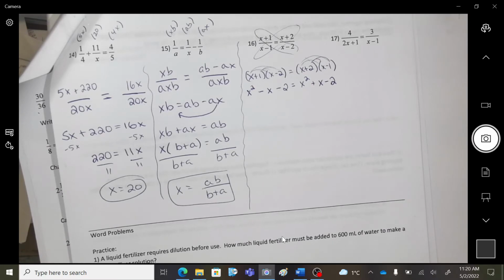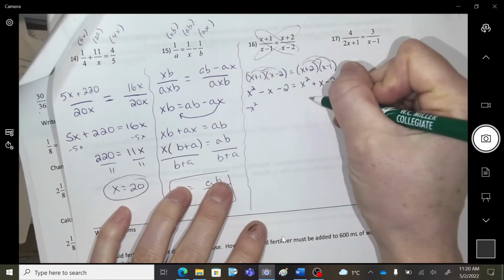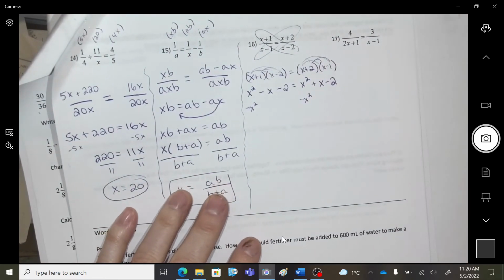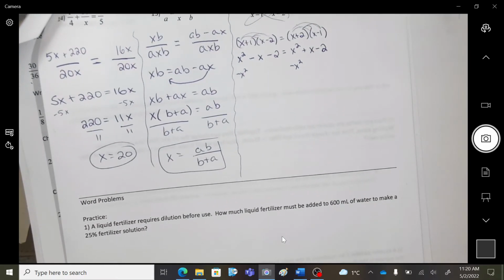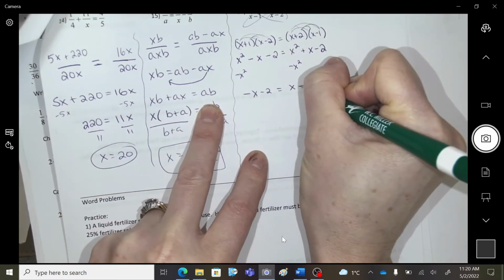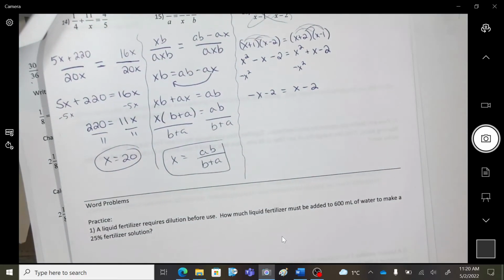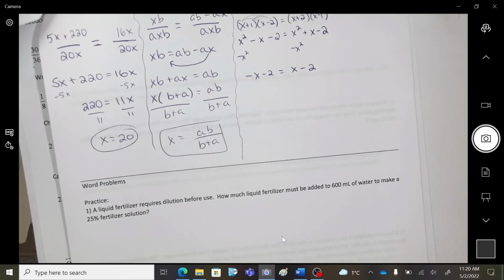Okay, algebra, I'm going to subtract x squared. And those are actually all gone, right? So you had an x squared on both sides. So the x squareds are gone. All right, now I'm going to add an x to both sides.